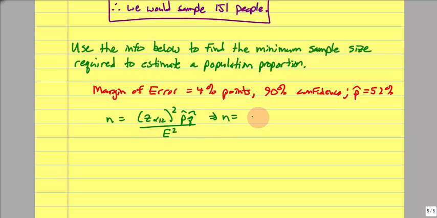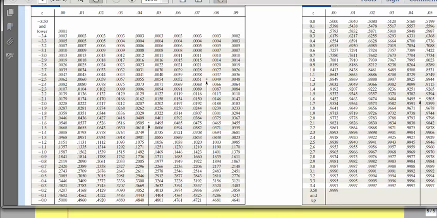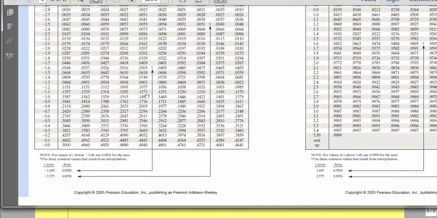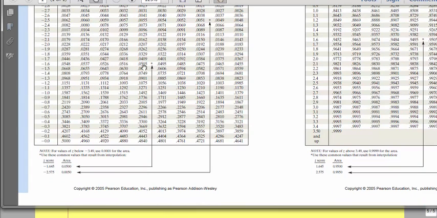So Z alpha over 2 for a 90% confidence factor, that would mean I'm willing to be wrong 10% of the time, and I'd split the area between the tails, so I'd have 0.05 in my lower tail. So 0.05 we can see is directly in between 1.64 and 1.65. So reading down here, I get that 1.645.